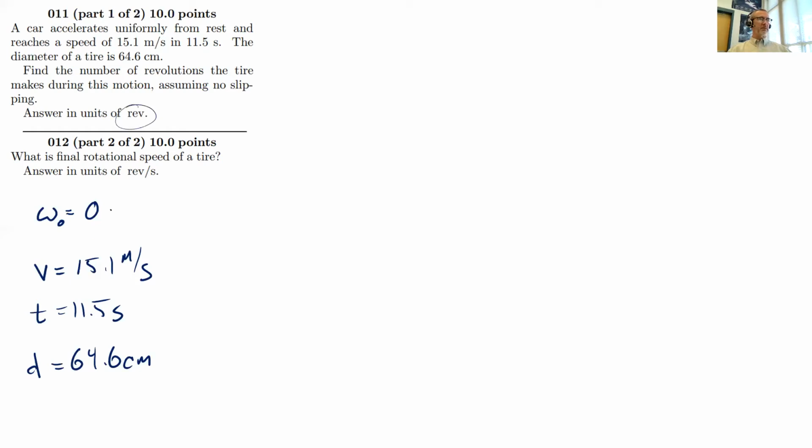Well, we've done something similar to this before, and let me make that my initial angular velocity as well. So let me go through this and just solve it in a linear fashion and then convert to revolutions, so that we can figure that out. So what we have here is my distance traveled is going to be V0t plus 1/2 at squared.